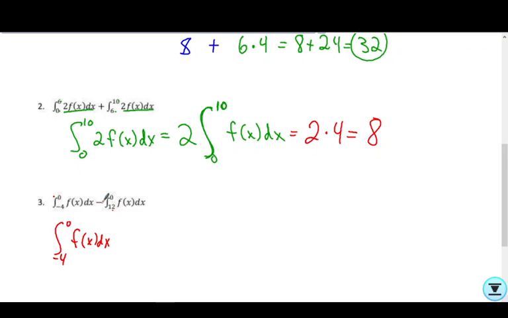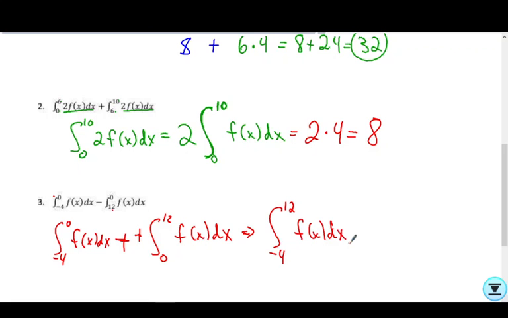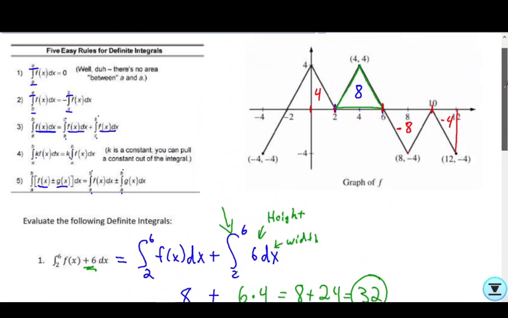But in doing so, that changes the sign on my integration. So we get minus and negative, which makes this plus. Now I'm taking the integral from negative 4 to 0 and adding the integral from 0 to 12, which, just like the last one, means this is the integral from negative 4 all the way to 12. So it's the area under everything, all the way from negative 4 to 12.